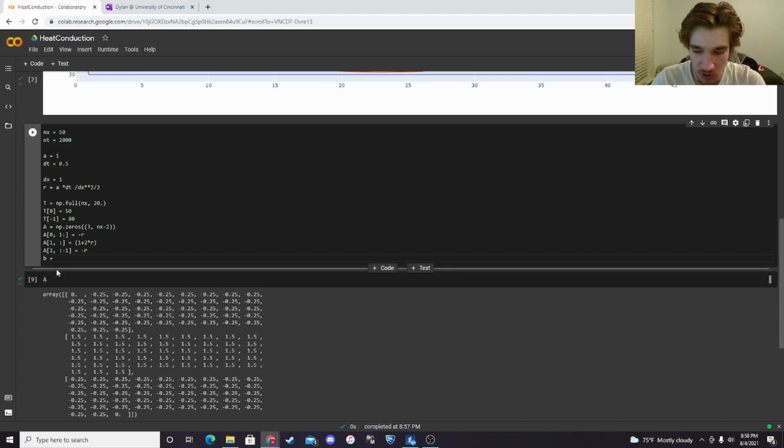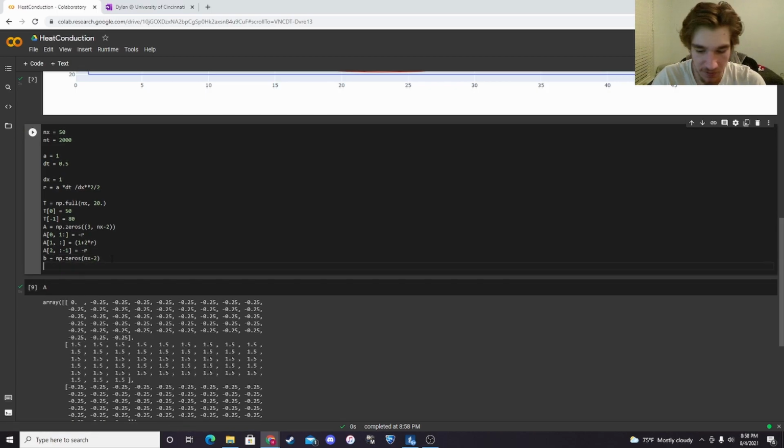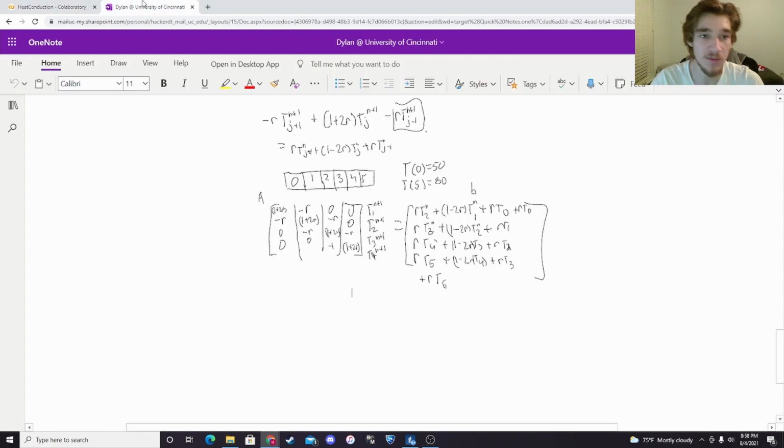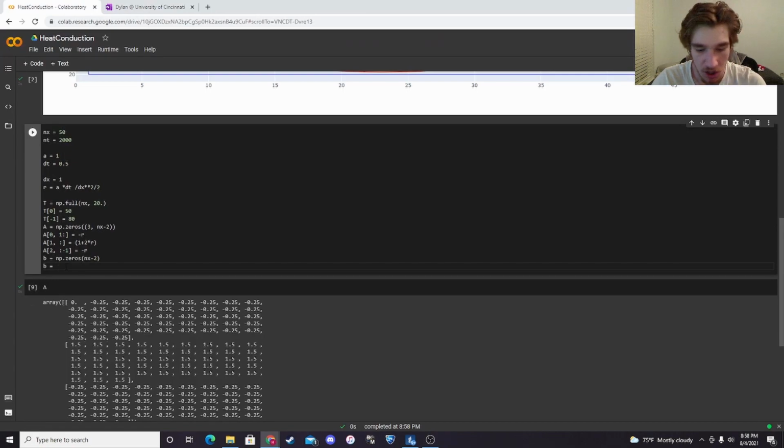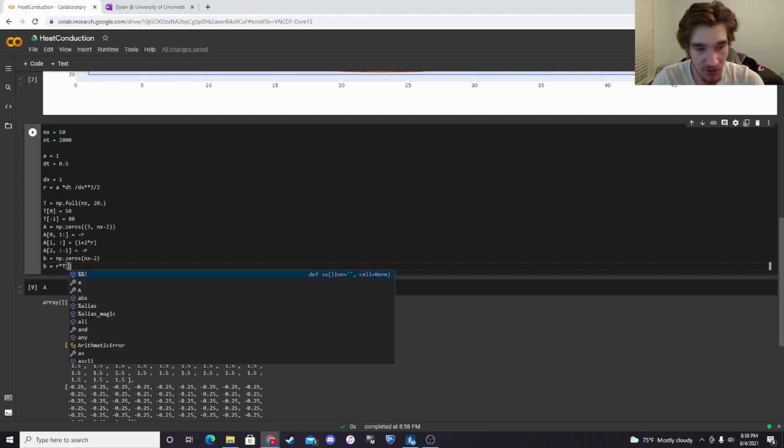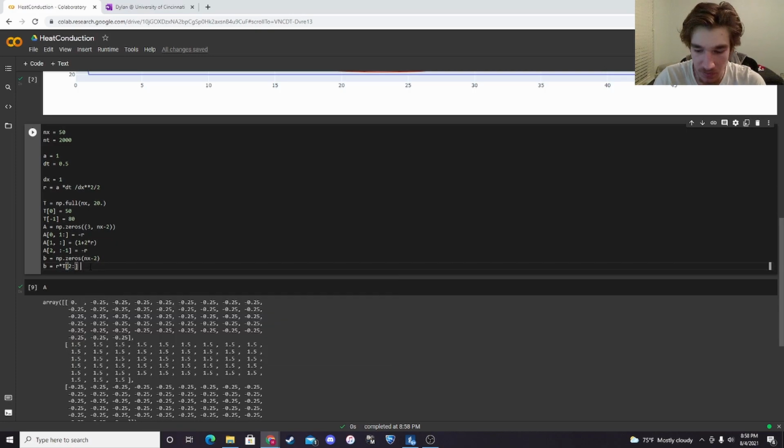So for our B array, we will need to set a list of zeros, and it's nx minus 2. Right, and then for our b value, notice how all of these go up by 1. So it's just this right part of the equation that we solved up there. We get r times the temperature at j plus 1. So that means we want everything from 2 after, plus 1 minus 2r.